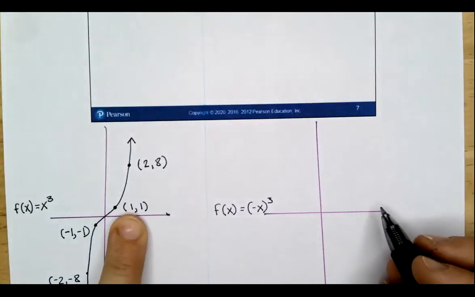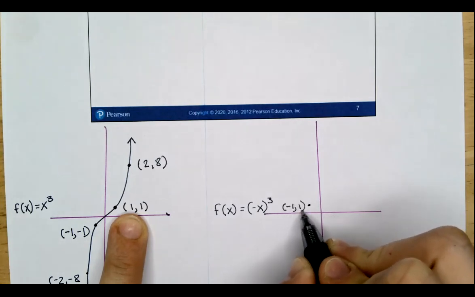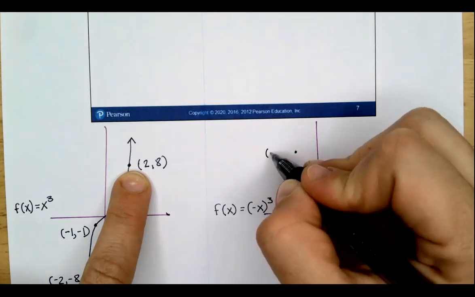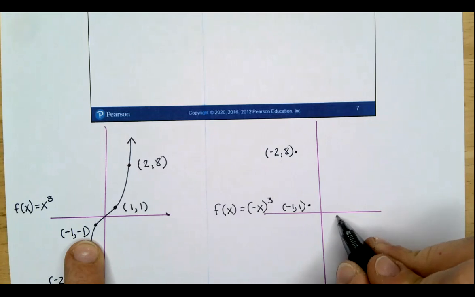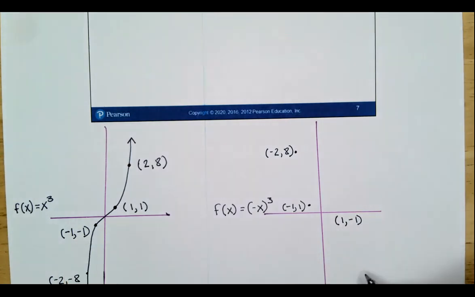Instead of 1, 1, it's going to be -1, 1. Instead of 2, 8, it's going to be -2, 8. Instead of -1, -1, it's going to be 1, -1. Instead of -2, -8, it's going to be +2, -8.